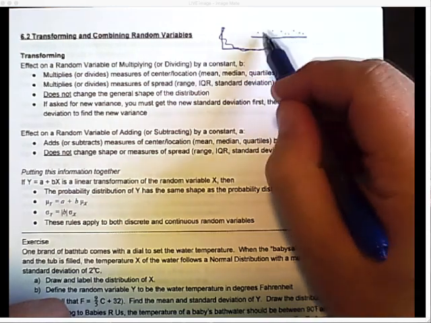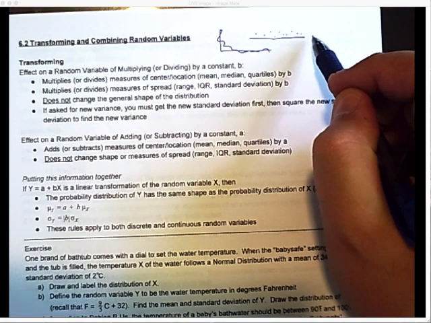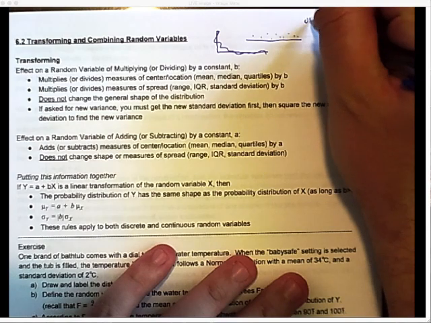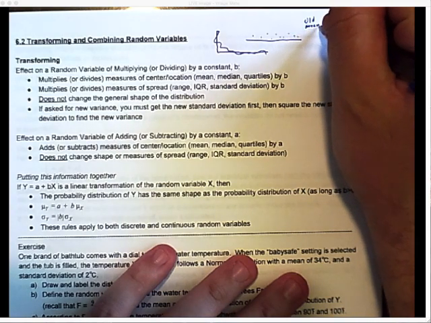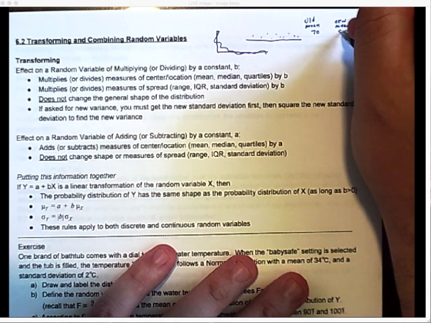It just shifts the distribution 10 units to the right. If the old mean on a test was 70 and I added 10 points to everybody's score, the new mean would be 80.